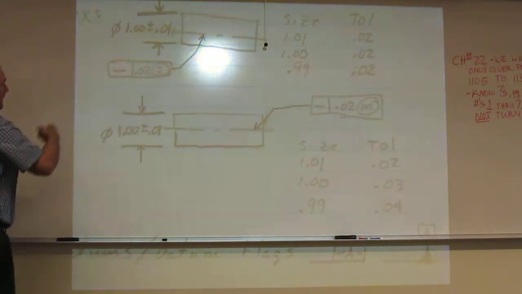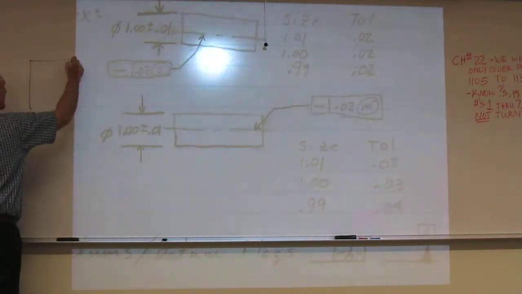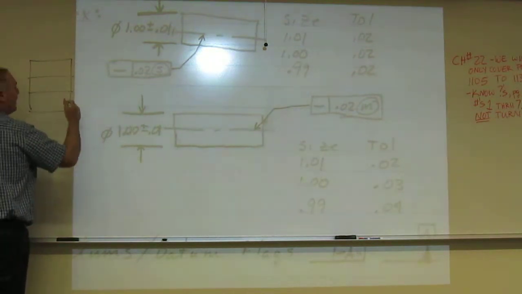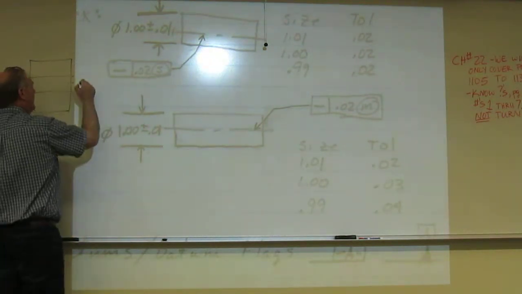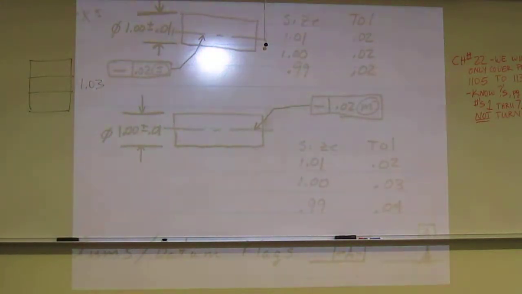And so what we're doing with the cylinder, let's set up the scenario. Here I have a hole going through a part, and this hole is at its smallest size, 1.03. Now I'm going to take this shaft, and that thing's a cylinder, but let's say I build it and it looks like this.